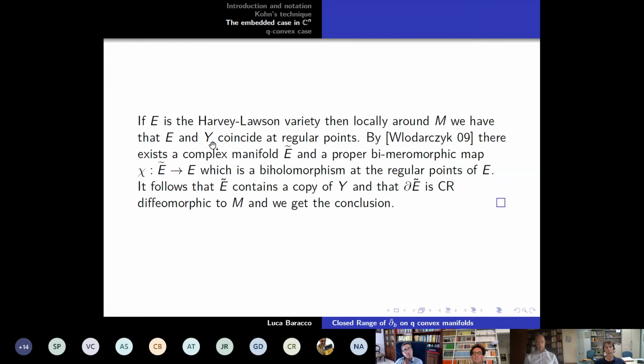So on an open dense subset of Y, chi is a biholomorphism. So since both E tilde and Y are manifolds, there is a copy of Y inside E tilde, and the boundary of E tilde is CR diffeomorphic to M. And so we get the conclusion.